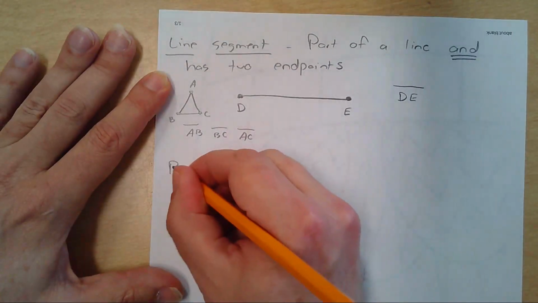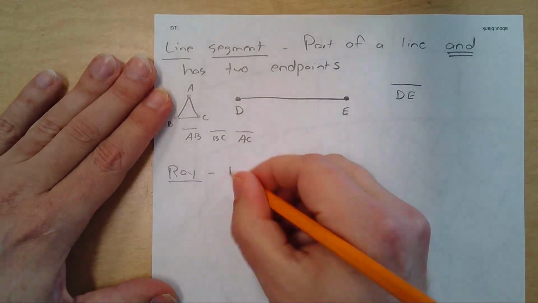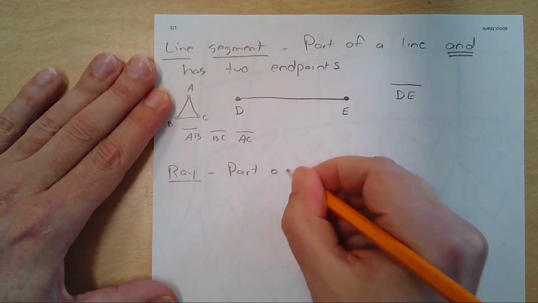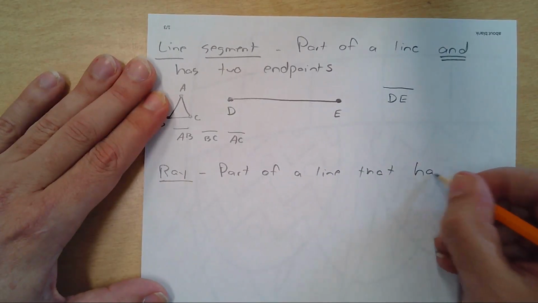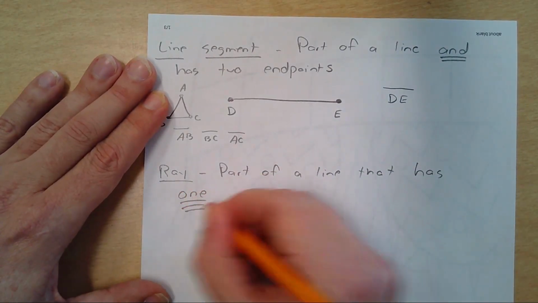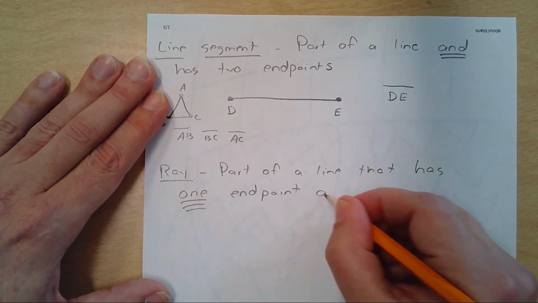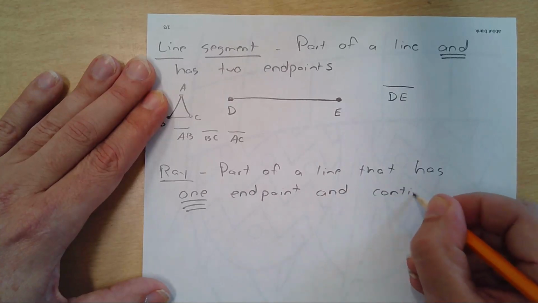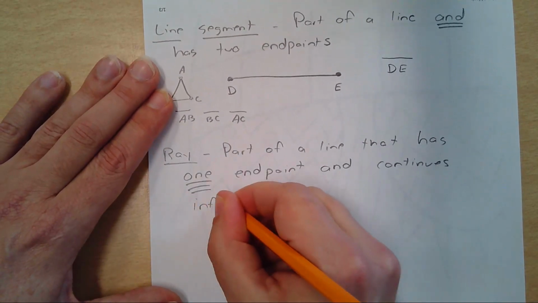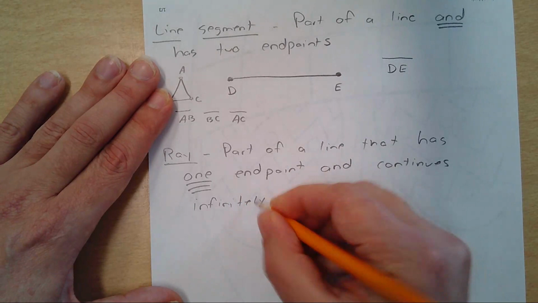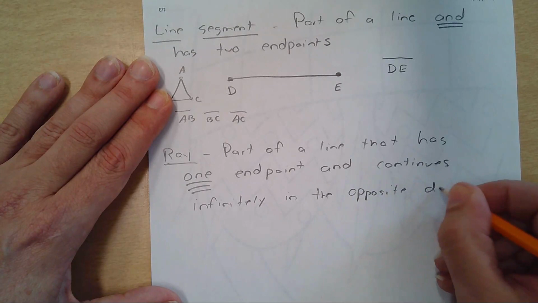Okay, a ray. All right. A ray is a part of a line that has one endpoint and continues infinitely in the opposite direction.